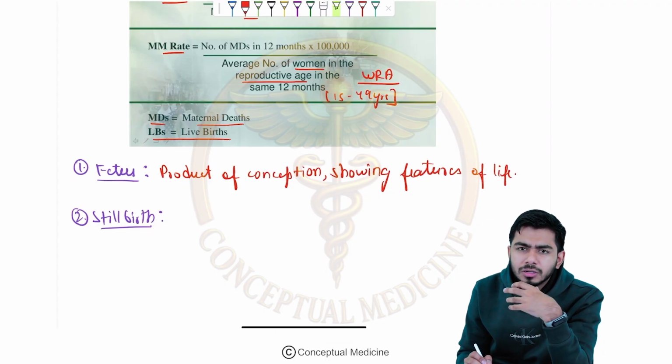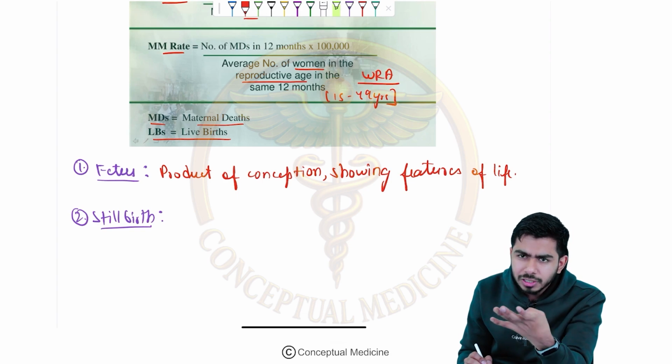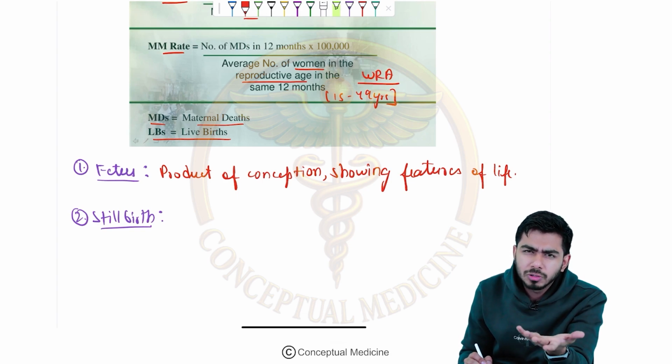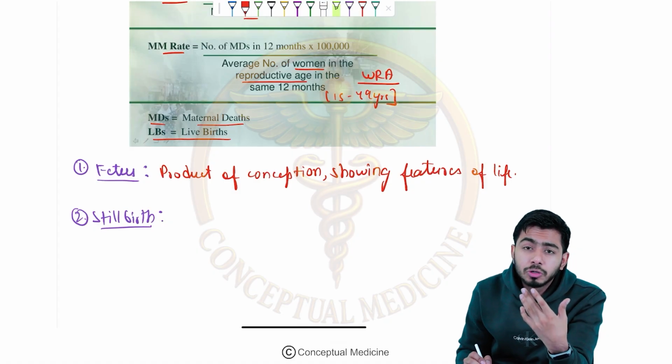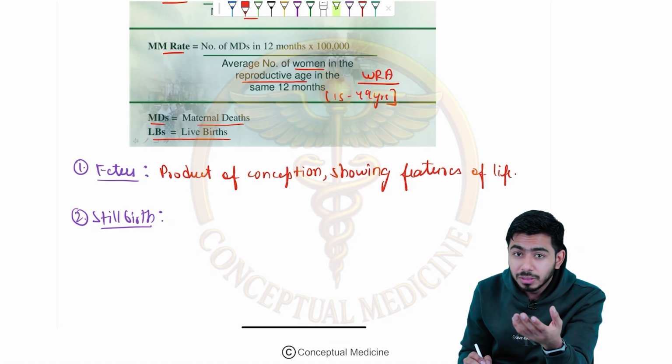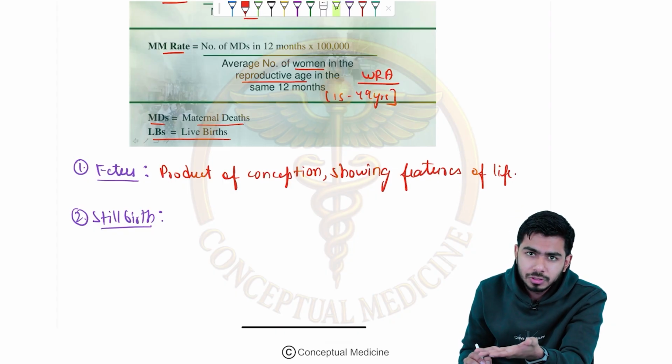In the US and all, obviously it can be from 22 weeks to 24 weeks. In the UK they are talking about 24 to 26 weeks, and in the US they are talking about 22 weeks. It means that they can save the life of a baby if the baby delivers after 22 weeks of gestation.